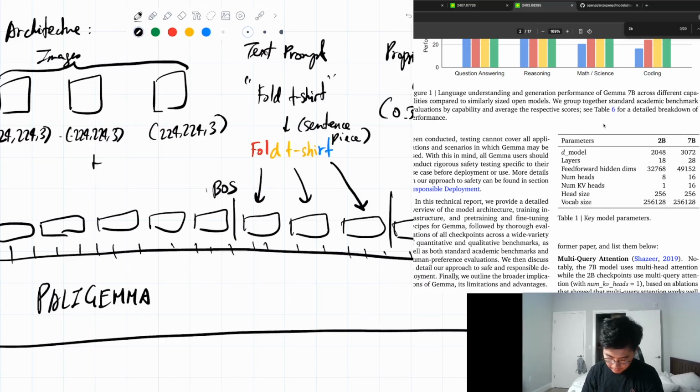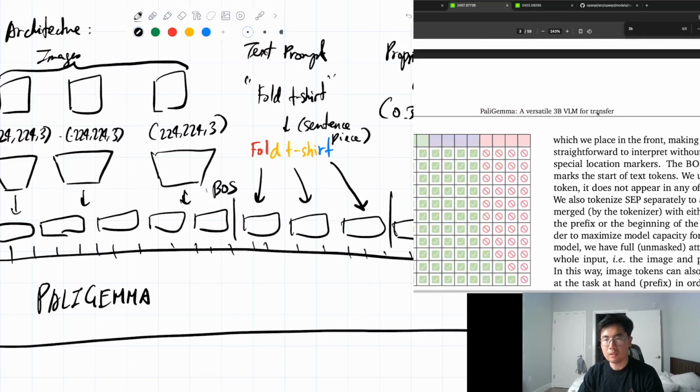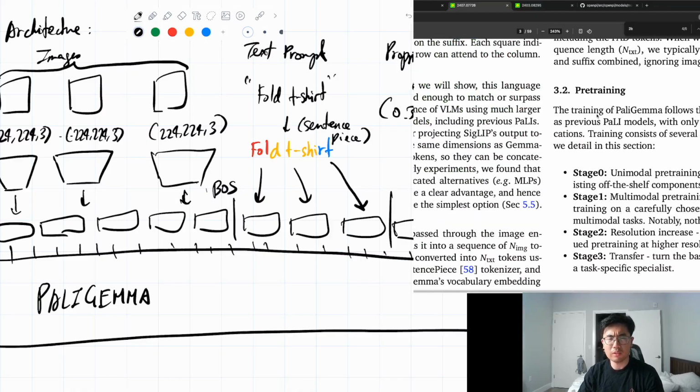So each of these images goes through some sort of encoder, it can be an MLP, and it takes the image as an input and learns to map it to the same space as the text.